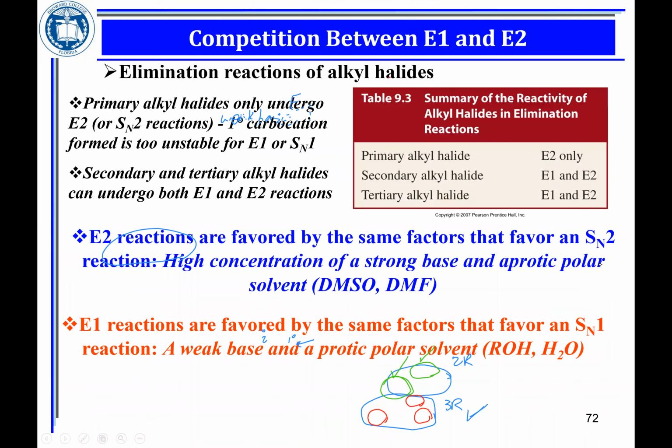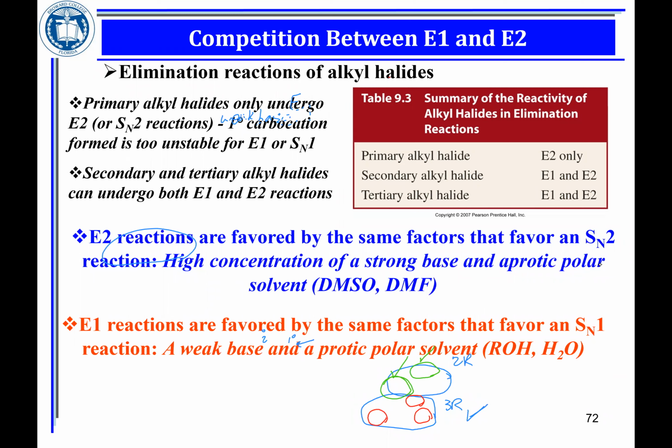Heat is a factor. If a carbocation is forming, would it go through SN1 or E1? High heat favors elimination. So whenever the reaction could go to a mixture of SN1 and E1, you just increase the temperature, and it would favor elimination over substitution.